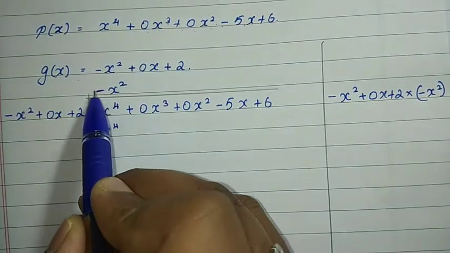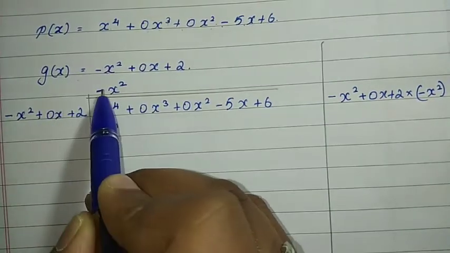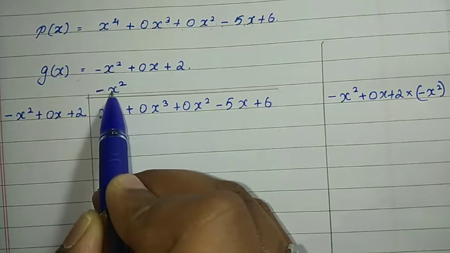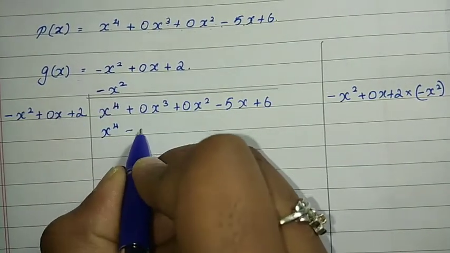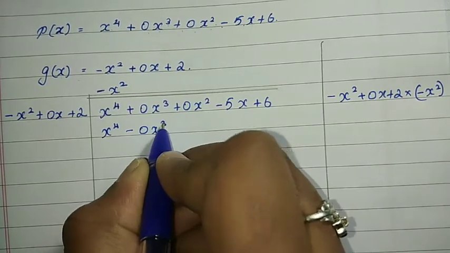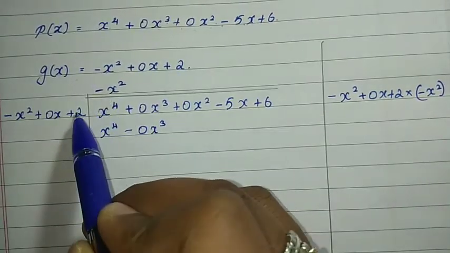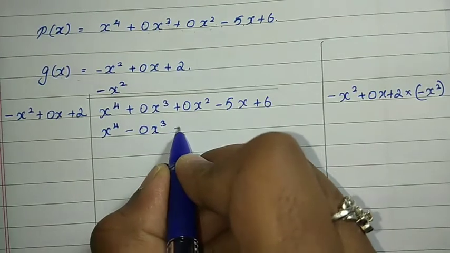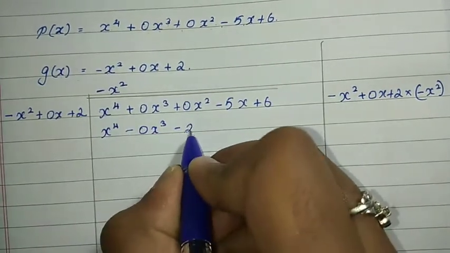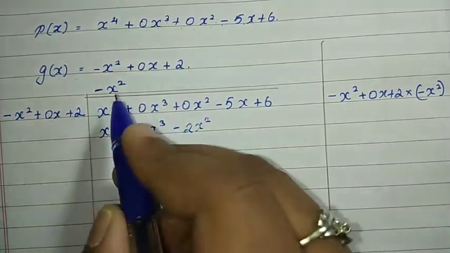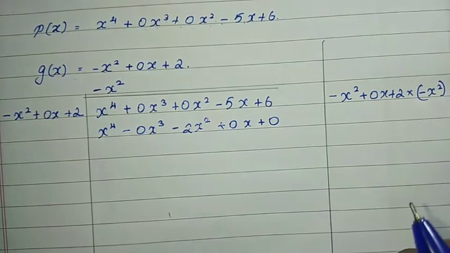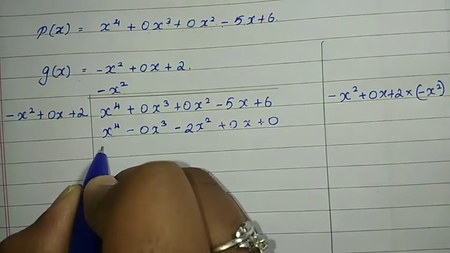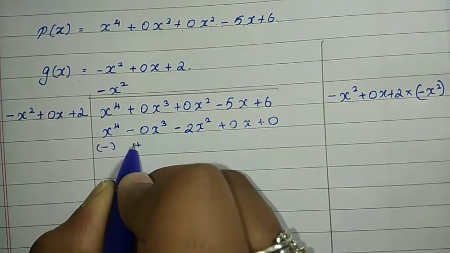Then here plus into minus is minus, 0 into x square is 0x cube. So minus 0x cube, and here minus into plus is minus 2x square, and nothing I have, so I will write plus 0x plus 0. Then I will be changing the signs.